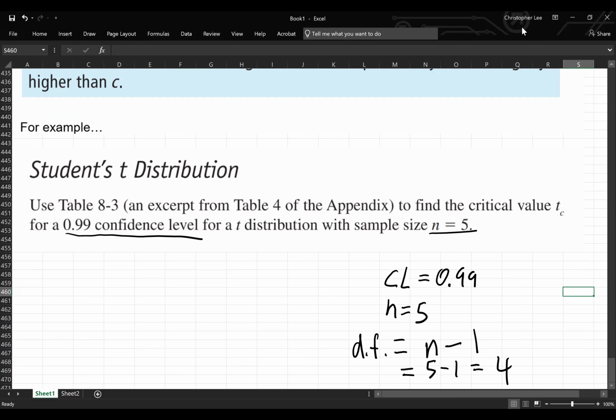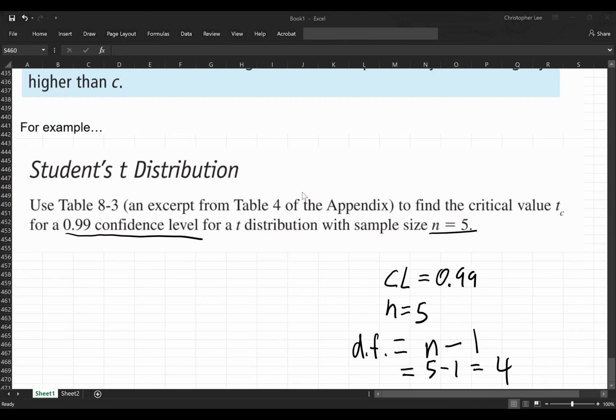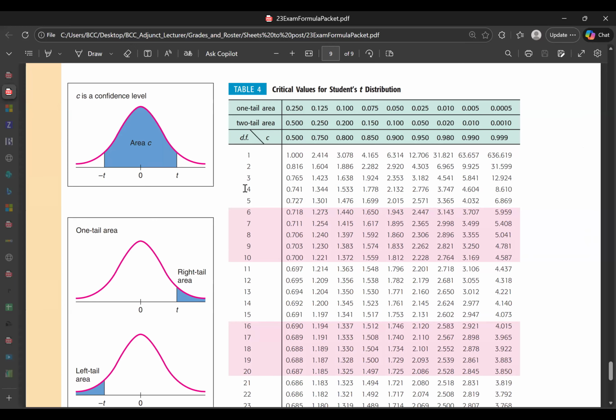It will be 4.604. Let me see. I've got n minus 1, so my degrees of freedom is 4. And my confidence level was 99, right? So I go up here, I find 99. Go down, so 4.604.